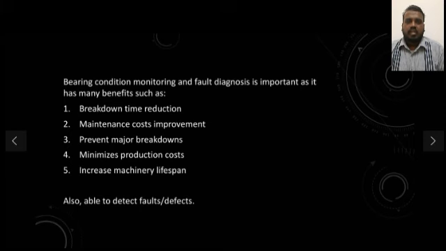It also aims to minimize production costs, optimize predictive maintenance, and increase the machinery lifespan. Thank you.